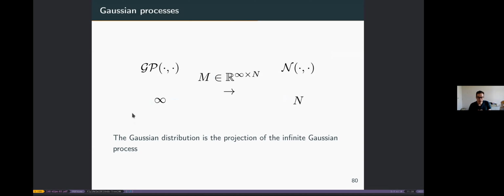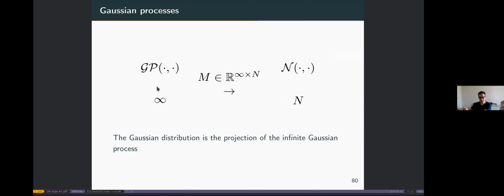Now, the way I like to think about it is this. I have the infinite world, which is on my left, where a GP is defined. It's an infinitely big Gaussian distribution. Then I have a projection matrix. And this matrix picks out n sets of marginals and creates a Gaussian distribution.